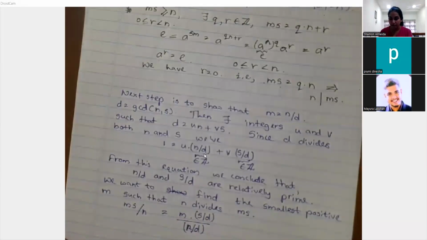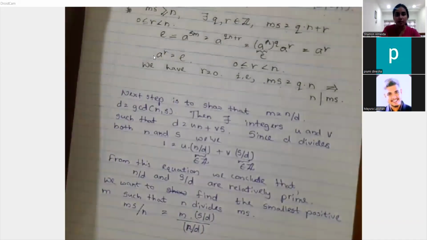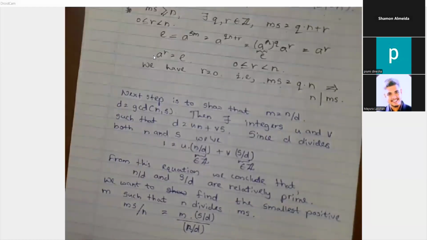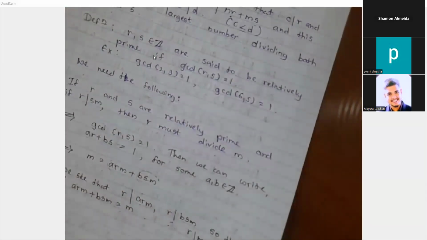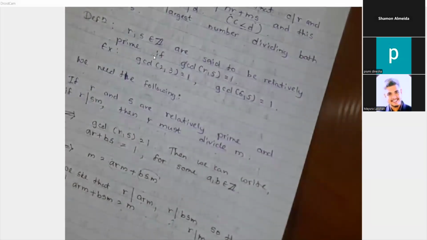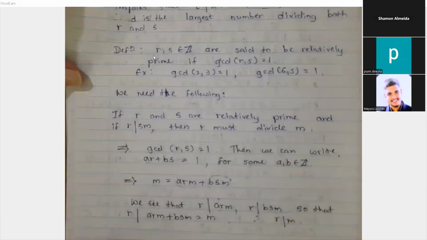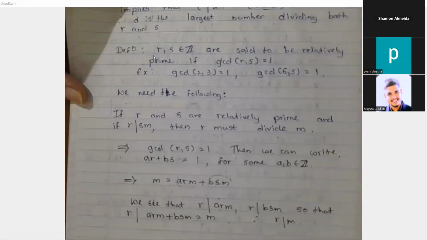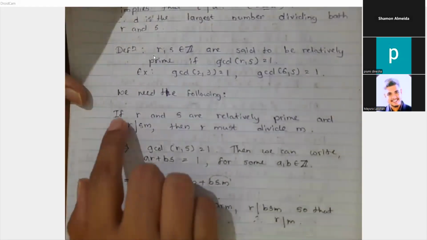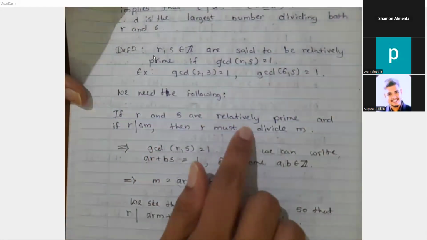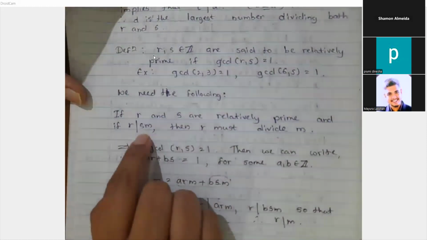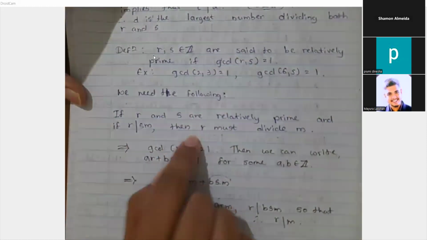These two are relatively prime. We will use the result which I gave in the previous lesson: if r and s are relatively prime, and if r divides sm, then we must have r divide m.